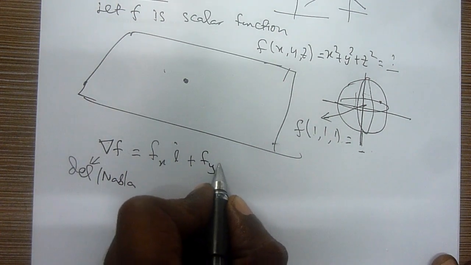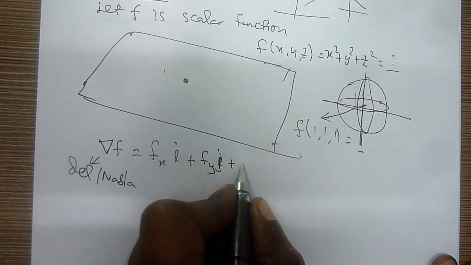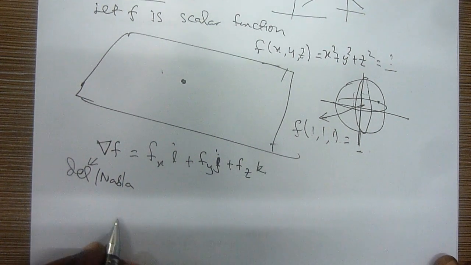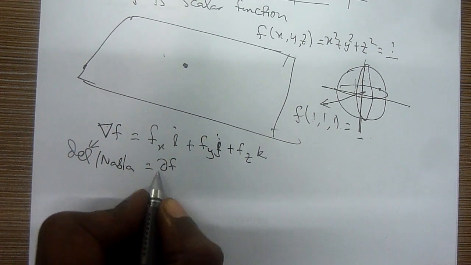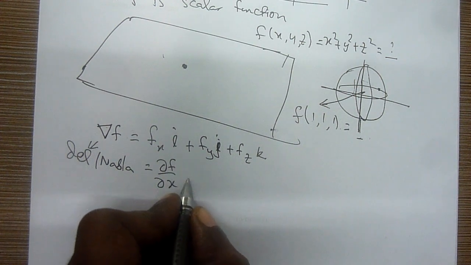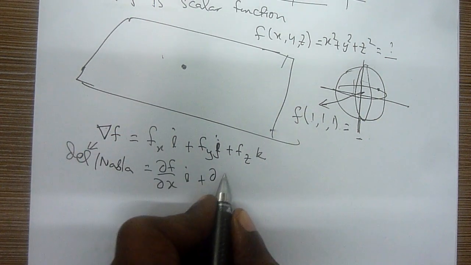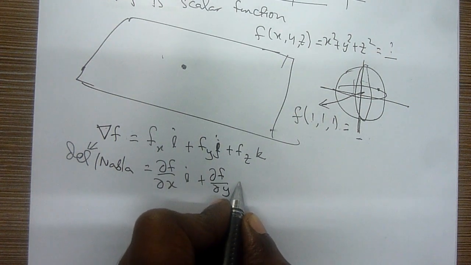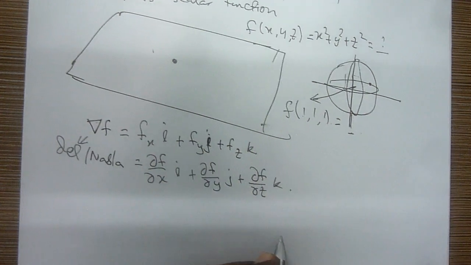Okay, the surface gradient is i, j, and k components: del F partially differentiated with respect to x, partially differentiated with respect to y, partially differentiated with respect to z.